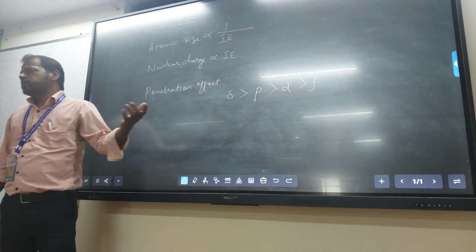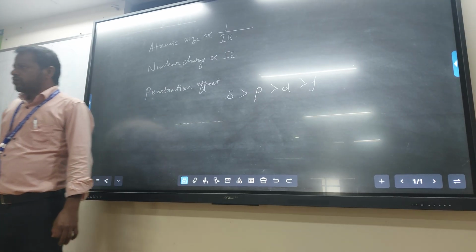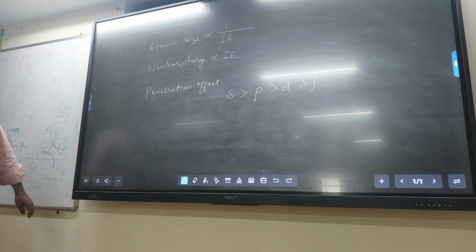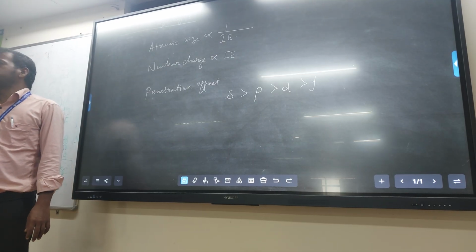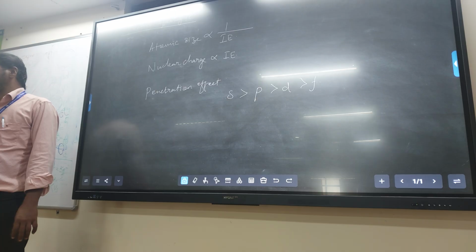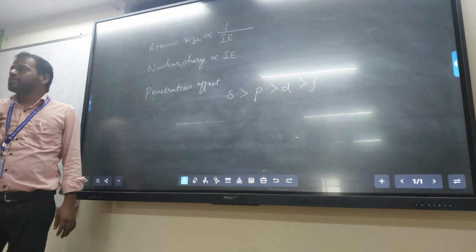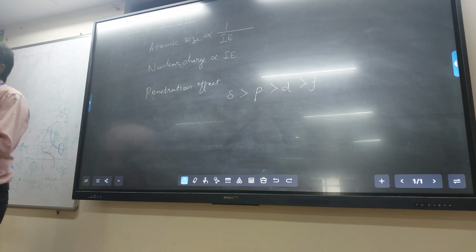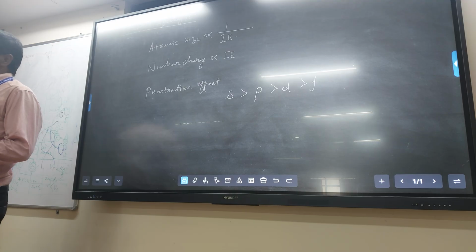So more penetration effect for the s orbital electron. Penetration effect means how much attractive force is there between that electron and the nucleus. Out of all four orbitals, the s electron is very close to the nucleus, or else covers the nucleus, so more penetration power is there for the s electron.